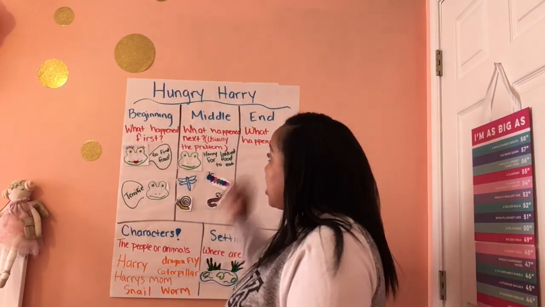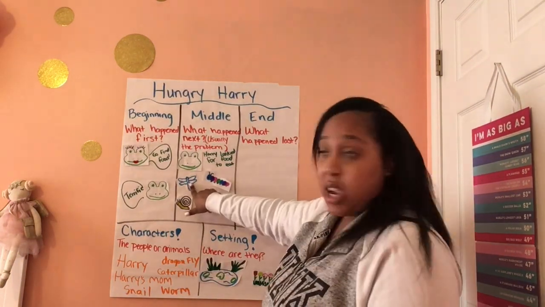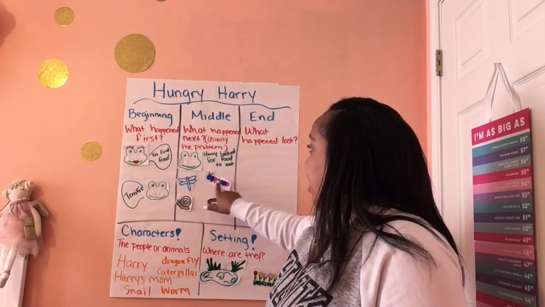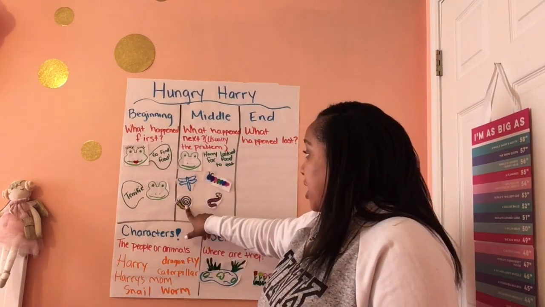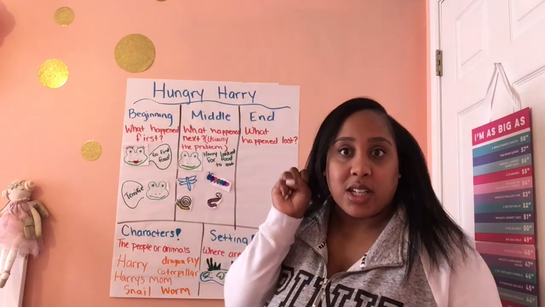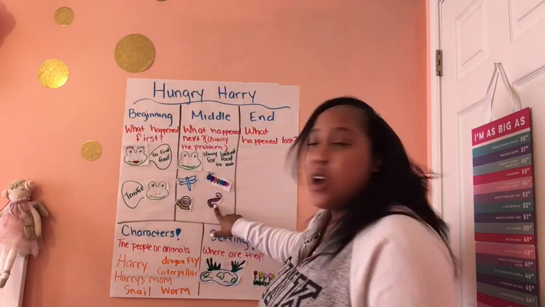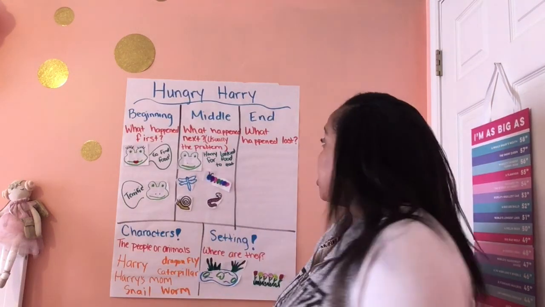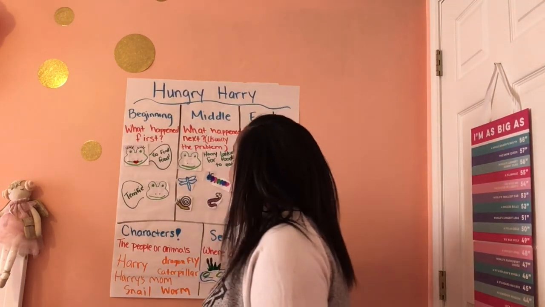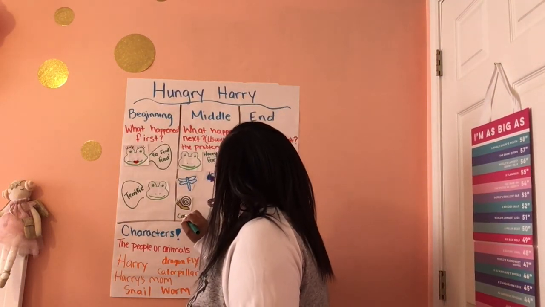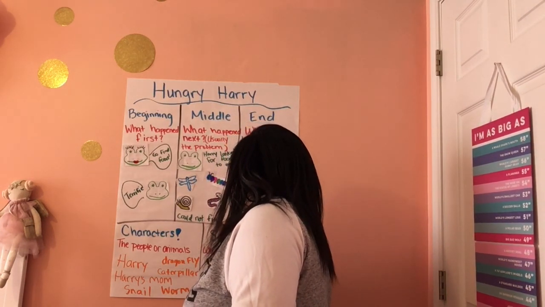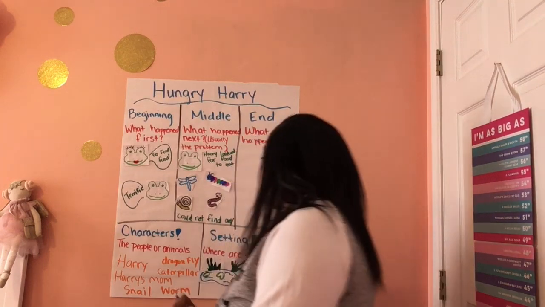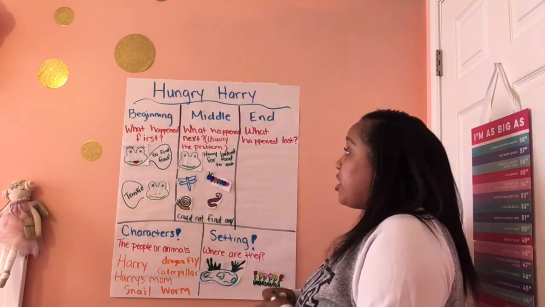He could not find food to eat. So, he could not eat the dragonfly, too fast, right? He could not eat the caterpillar, too tickly. He could not eat the snail, right? Because she disappeared. And the worm was too squiggly and wormy. So, Harry looked for food to eat. Could not find any. Okay? He could not find any.